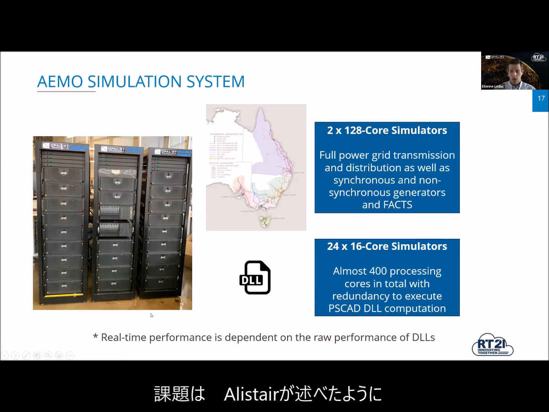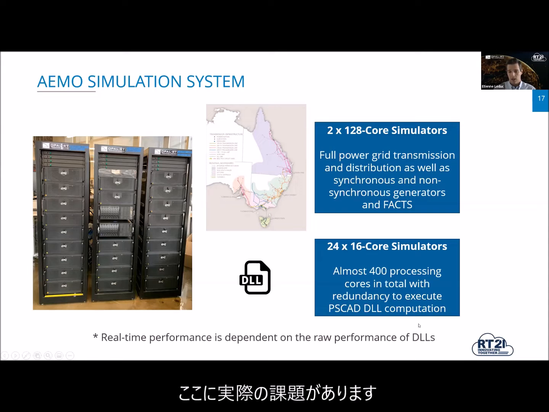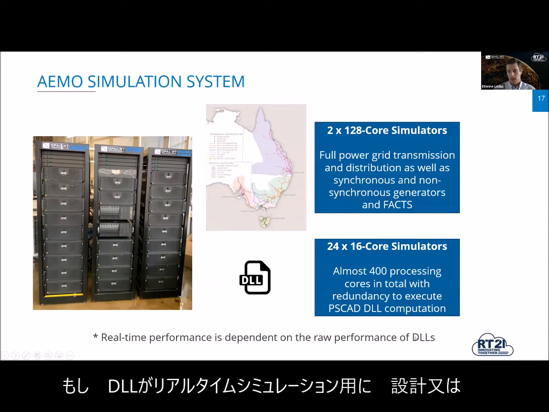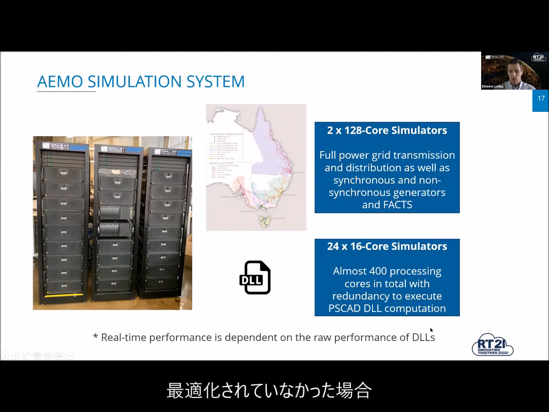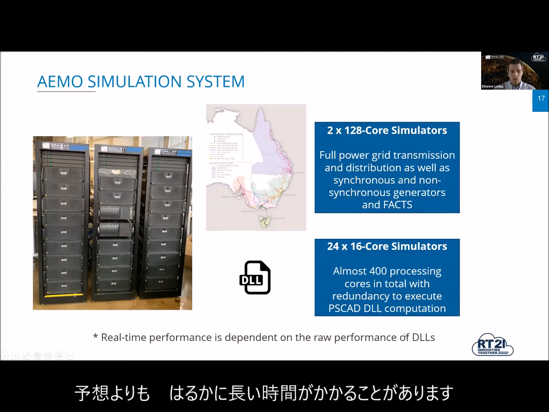The challenge, as Alistair mentioned earlier, is that achieving real-time performance depends on the raw performance of the DLLs, and this is where we really saw a challenge. The DLLs have not necessarily been designed or optimized for real-time simulation. Sometimes DLLs that should take quite a short time to simulate take a lot more time than expected.